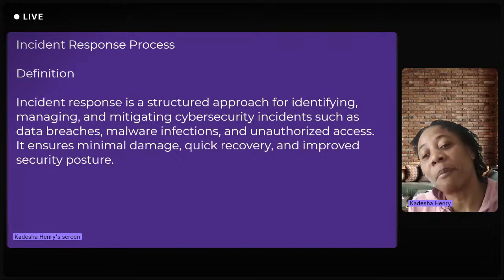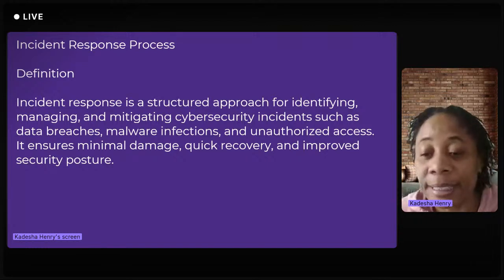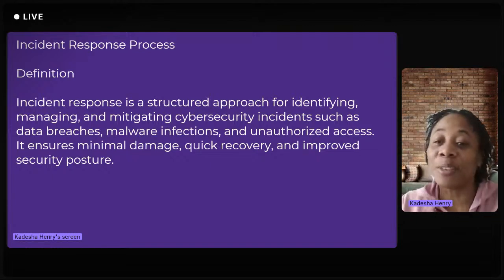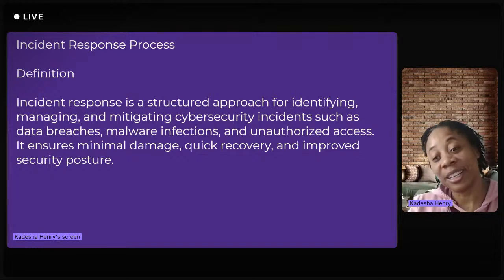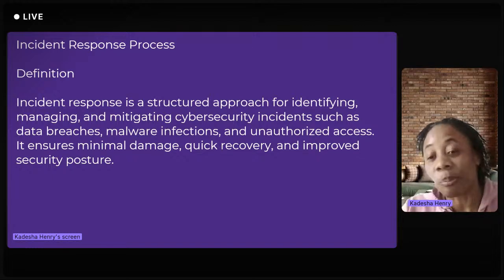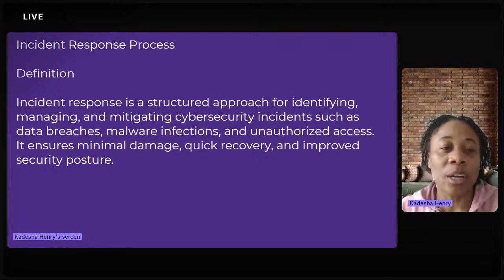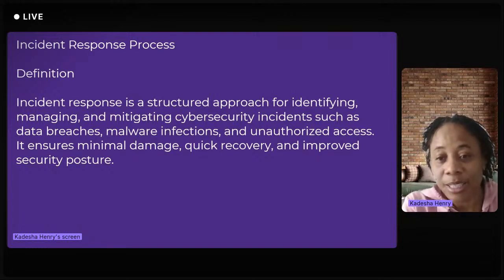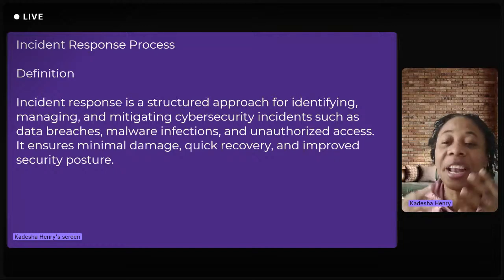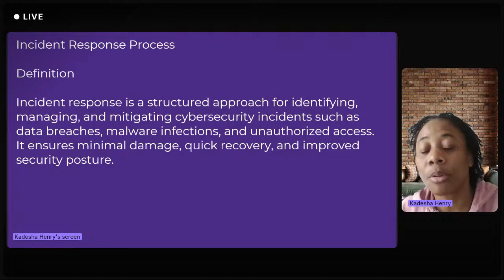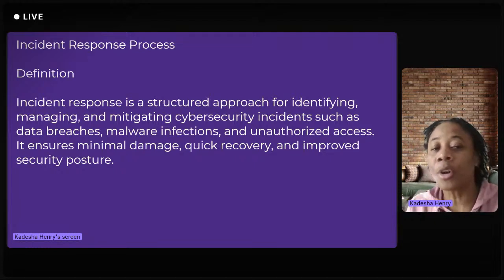It's just like persons have insurance plans, and the insurance plan is to ensure that if the house burned down, there is money that you will get back to rebuild, right? So with incident response plans, organizations need to have an incident response process. How are you going to mitigate? How are you going to manage?